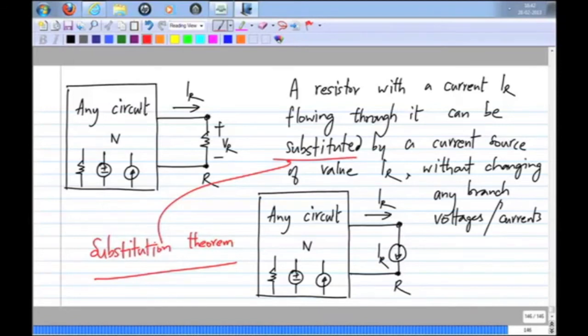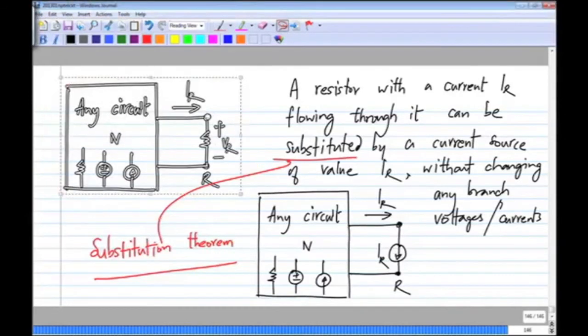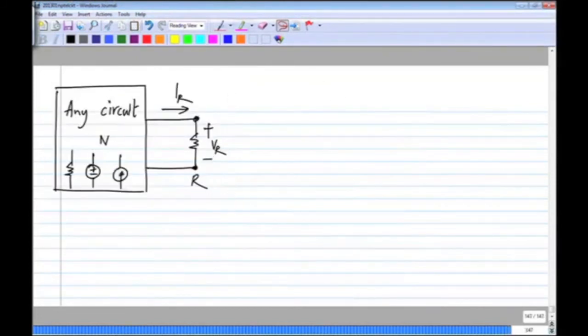Okay, so now we can also quickly go through another possible substitution. What I will do is, previously I added zero current, and that zero current I represented as two current sources of value IR in opposite directions in parallel.